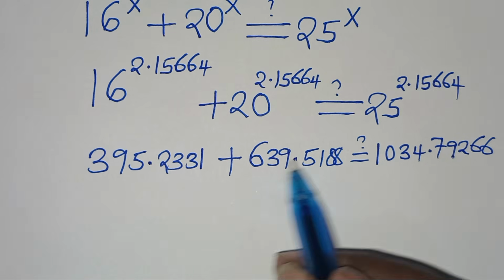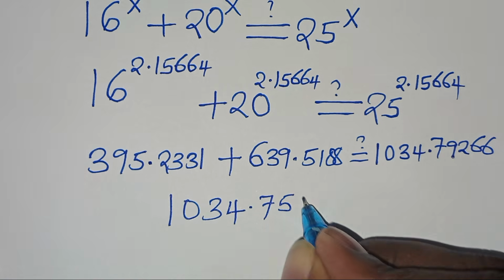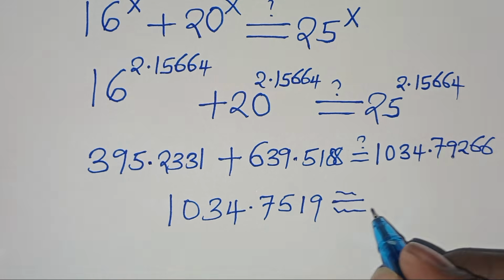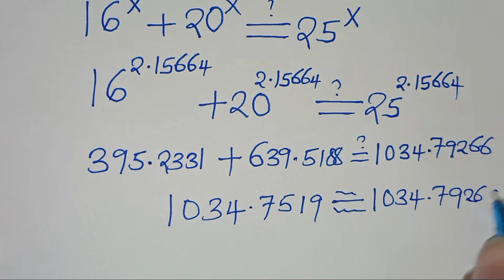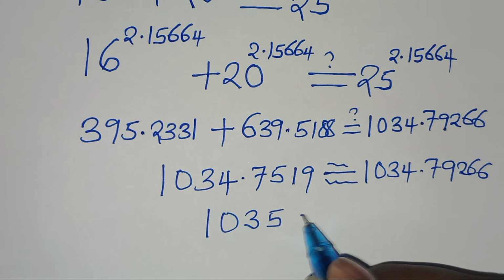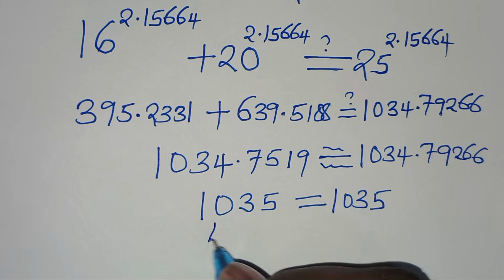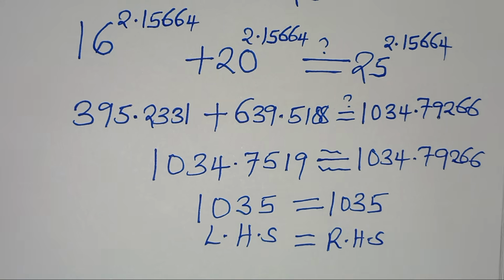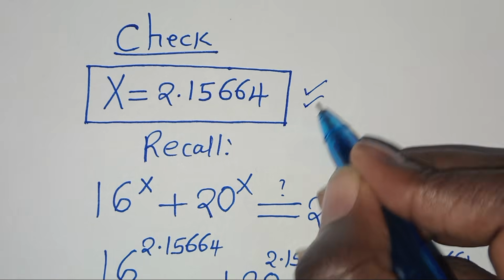So if we sum here, we have 1034.7519, which is approximately equal to 1034.79266. If we round off here, we have 1035, which is equal to 1035. And this means that the left hand side is equal to the right hand side. And this affirms that the value of x satisfies the equation.